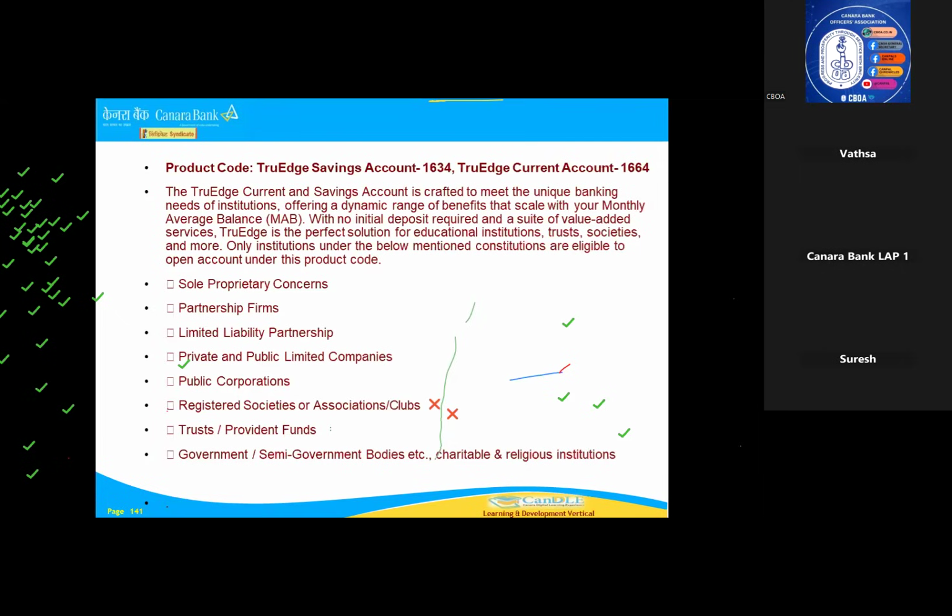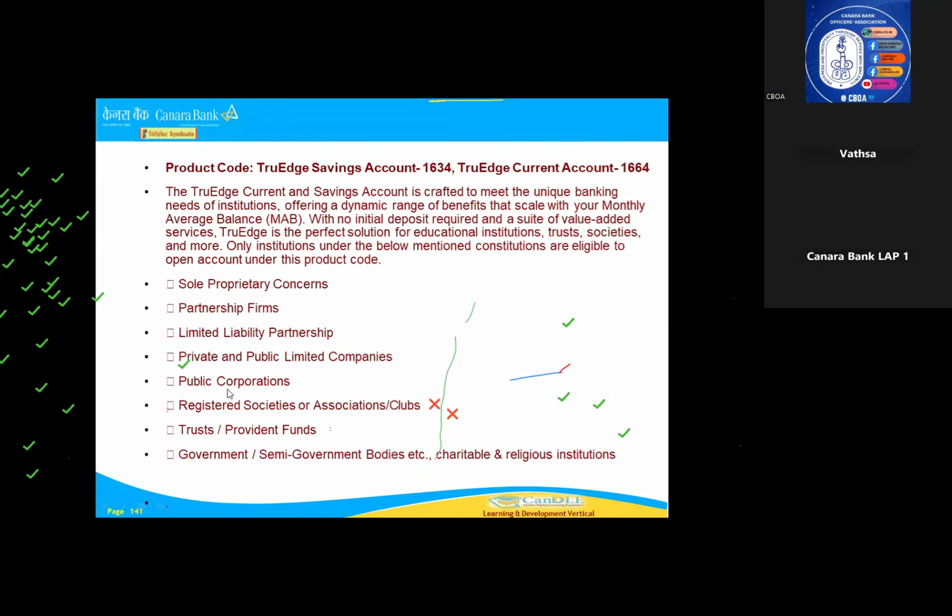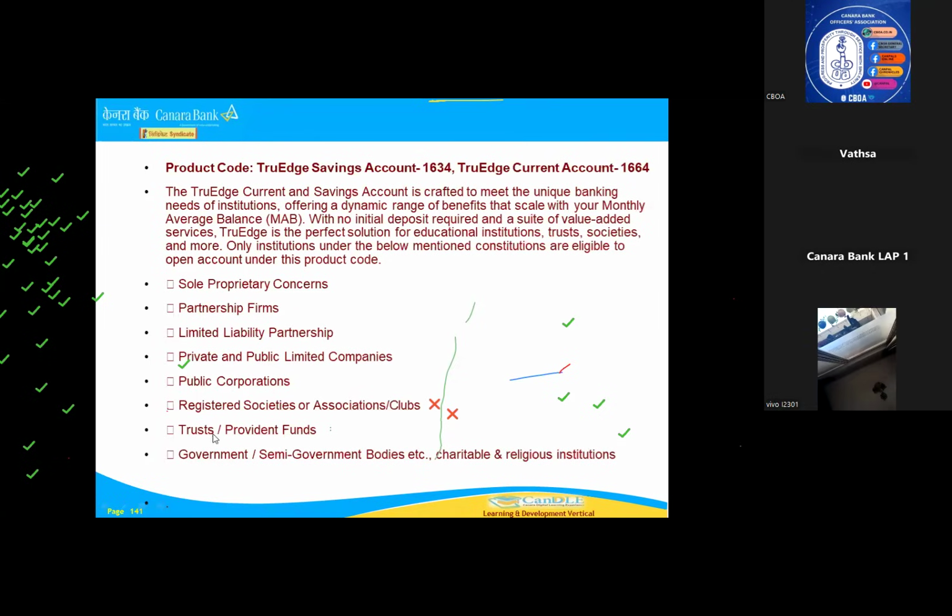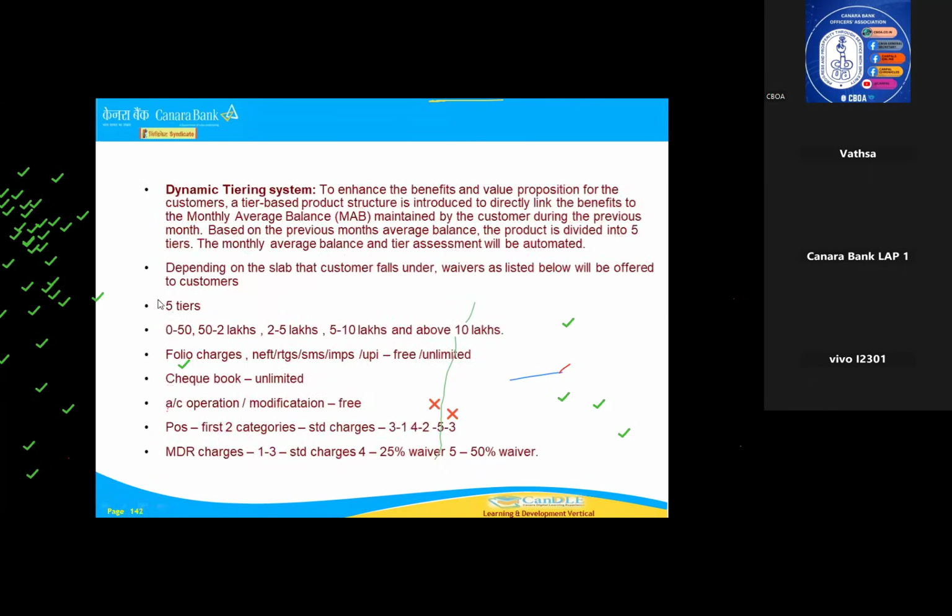This can be opened for proprietary concerns, partnership firms, limited liability partnerships, private and public limited companies, public corporations, registered societies, trusts, provident funds, government, semi-government bodies, and anybody. It is a dynamic tiering system based on the monthly average balance, and 5 tiers are there.